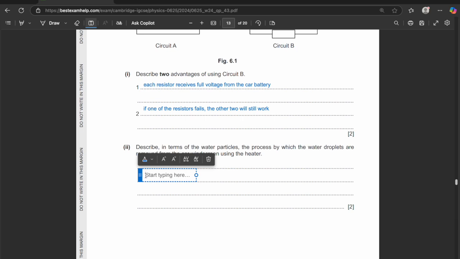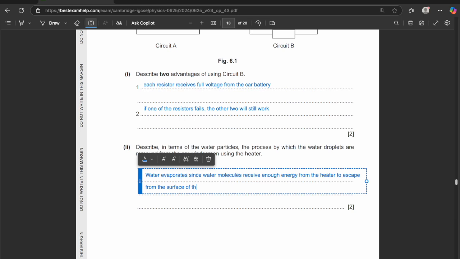You can write like that: water evaporates since molecules receive enough energy from the heater to escape from the surface of the water.